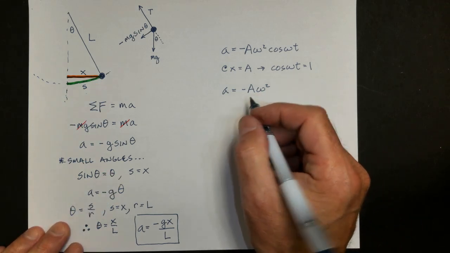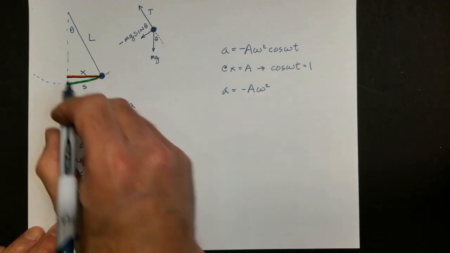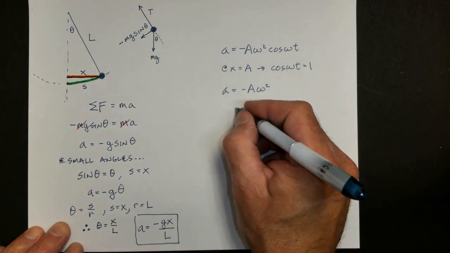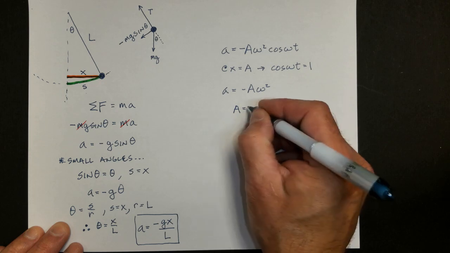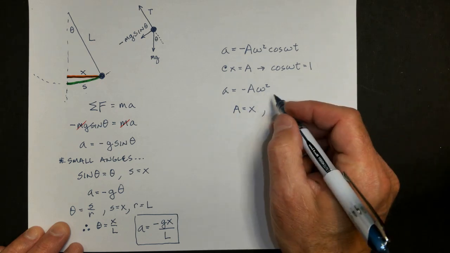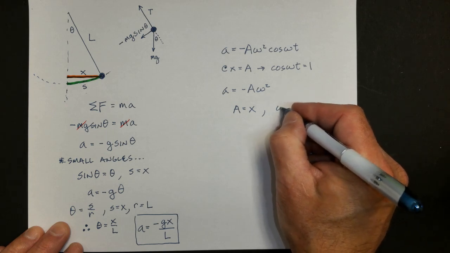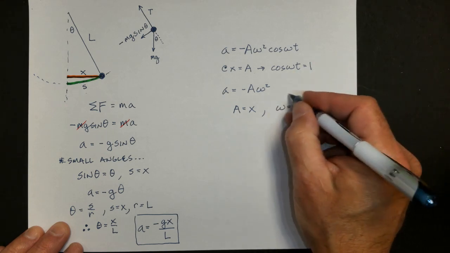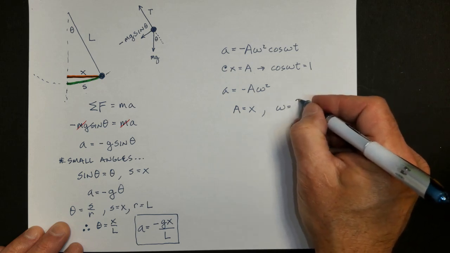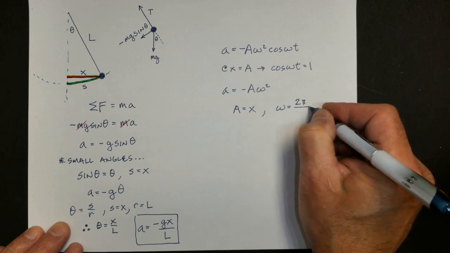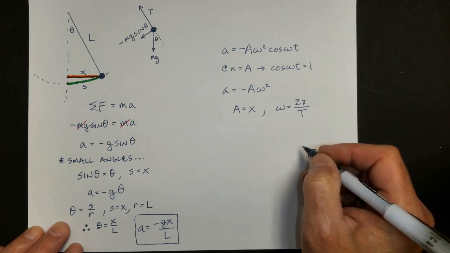Now, interestingly enough, A is the amplitude or the displacement from equilibrium. So we can say A equals x, and we know from definition that omega is the angular frequency, how often it goes through one cycle. So that's 2 pi radians, which is one cycle, divided by the period of that motion.